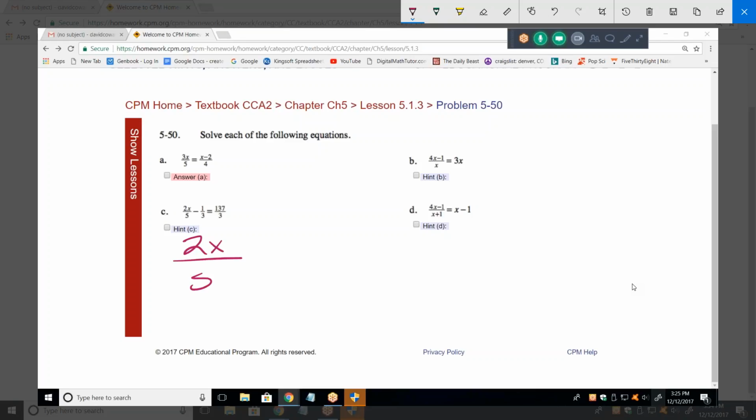What do you get on the right side? What's 137 thirds plus 1/3? 138 thirds?